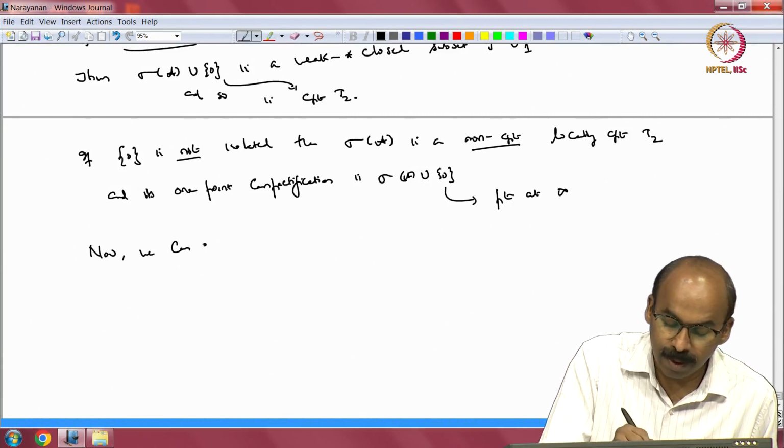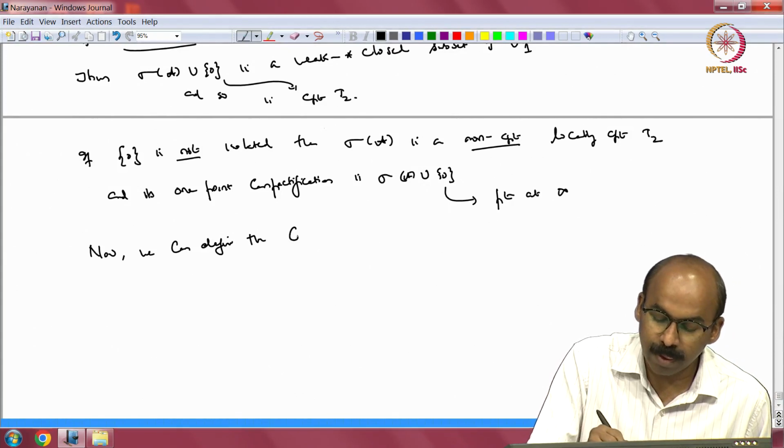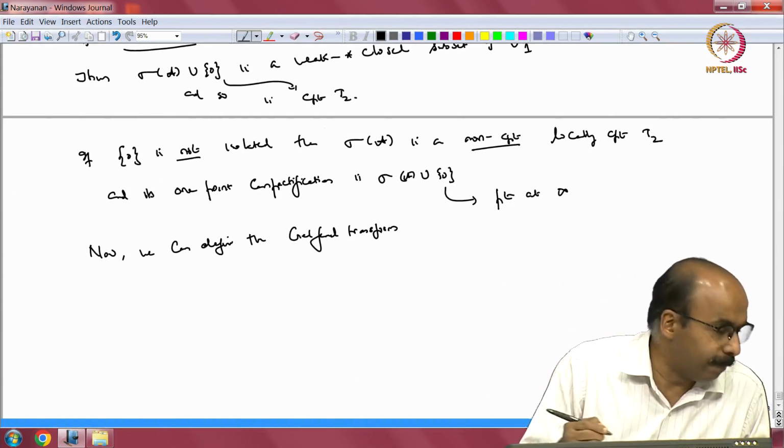Now, we can define the Gelfand transform, right, by restricting everything to A from A tilde, right.